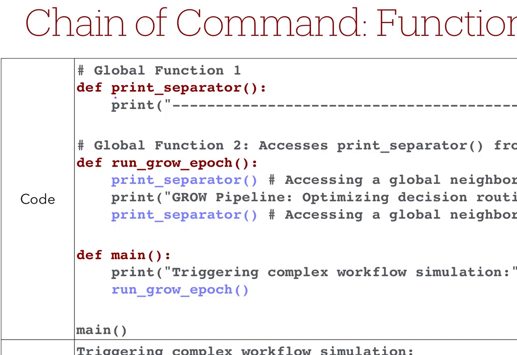Even in that case, I can call that function inside of the run grow epoch function. I can call run grow epoch function inside the main function, because all those three functions are global objects.